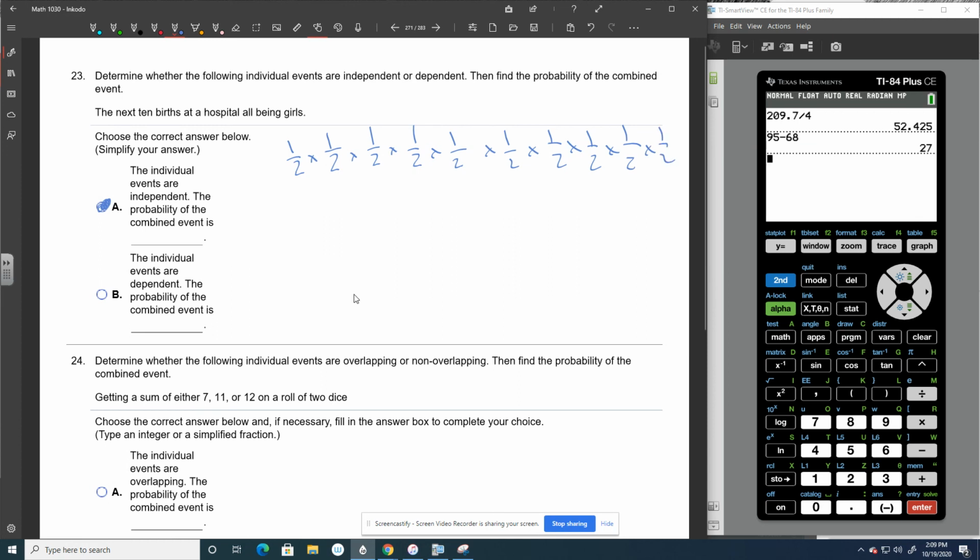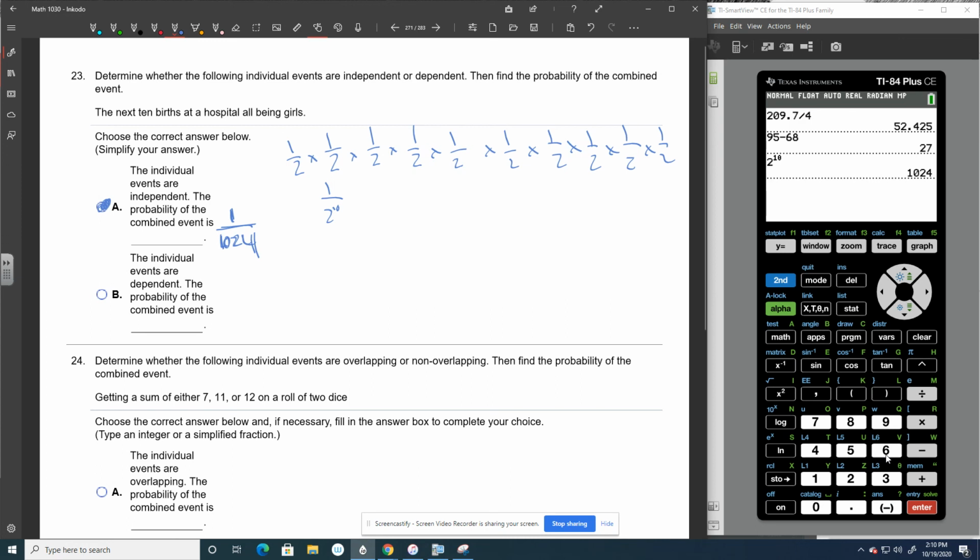So I just multiply all those together, which becomes 1 over 2 to the 10th power, which is 1 over 1024. We better double check. 2 to the 10th power is 1024. So that would be the probability of the combined event. You've got 1 out of 1024 chances of getting 10 girls in a row.